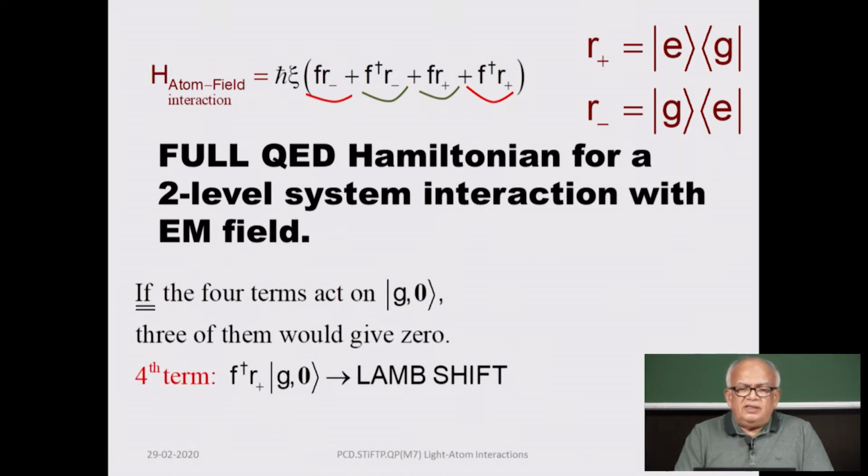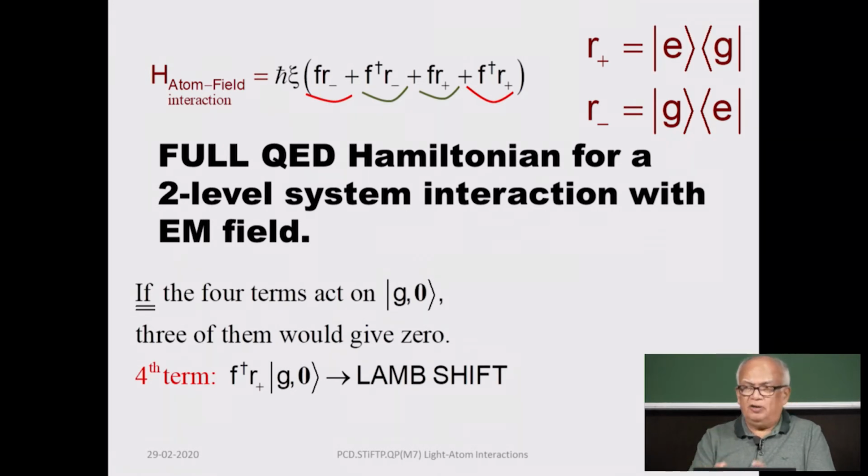And let us just take one particular case, that if these 4 operators operate on G0. What is G0? The atom is in the ground state and there is no photon in the cavity. So, it is G comma 0. This is like a direct product state, or a tensor product as it is sometimes called.